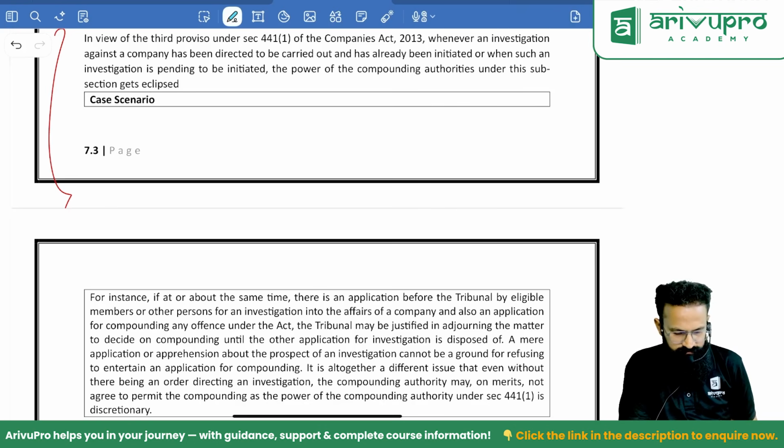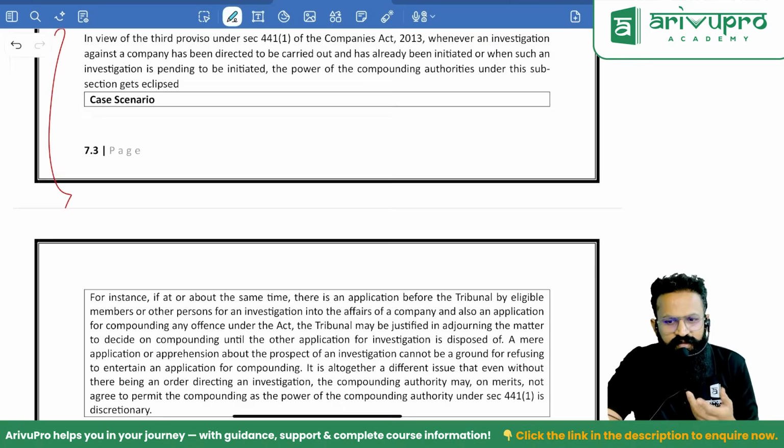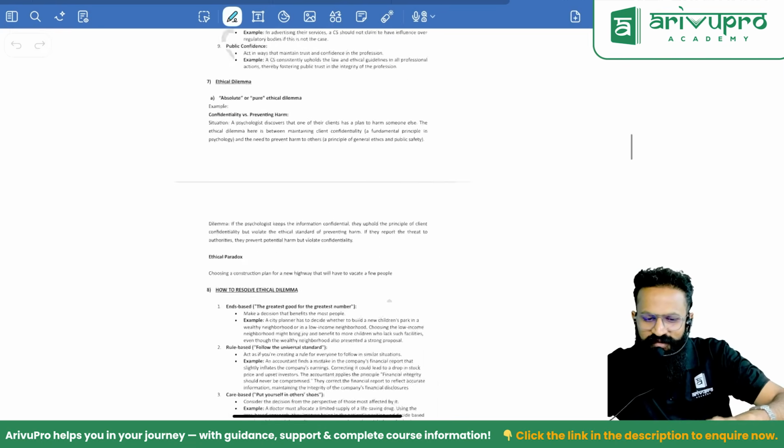Understood something or nothing? Is it crystal clear? No, sir. They have given lunar eclipse, solar eclipse and all. We are not able to get it, sir.